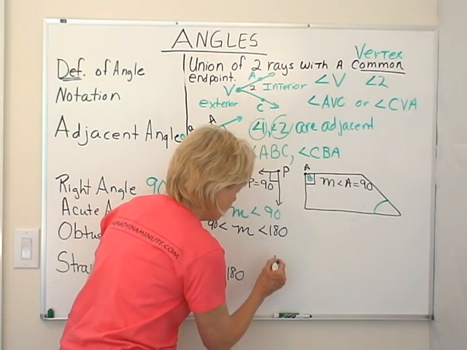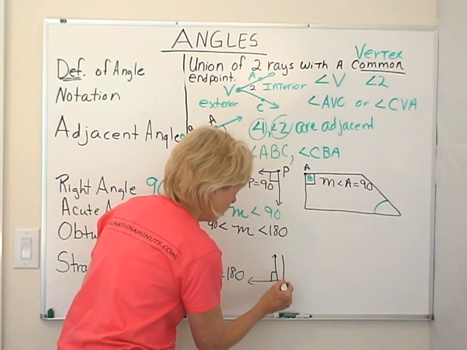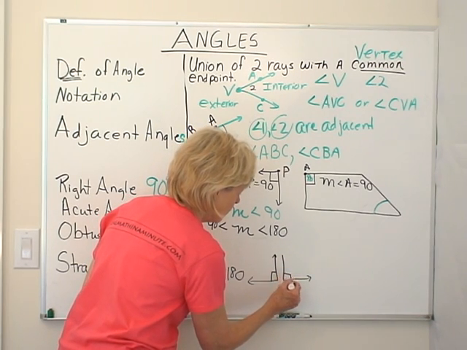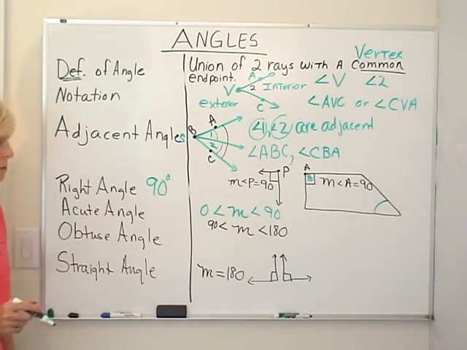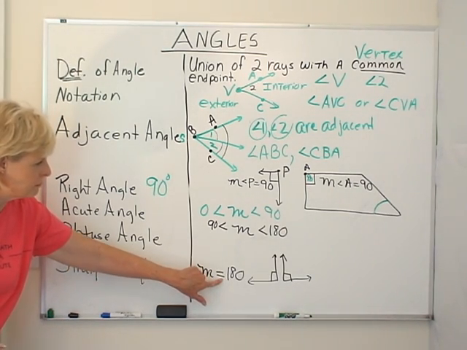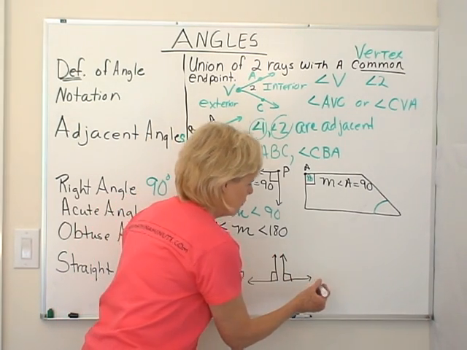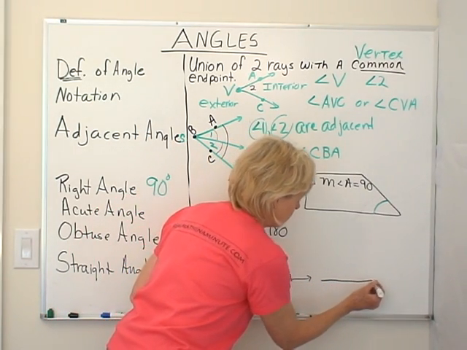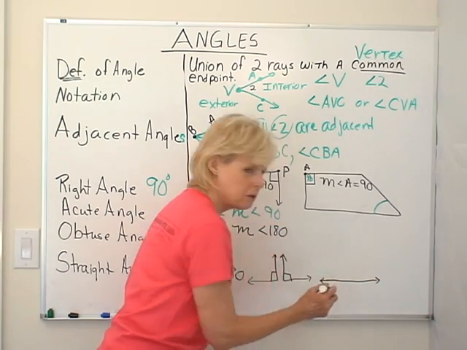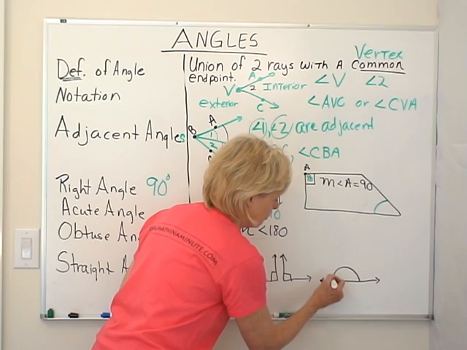If I've got a 90-degree angle right here, and then I have another 90-degree angle right there, then 90 plus 90 would be 180 degrees, right? Okay? Now think of sliding these two together, and then what you would have is an angle. 90 plus 90 would be 180, and that is what we call a straight angle.